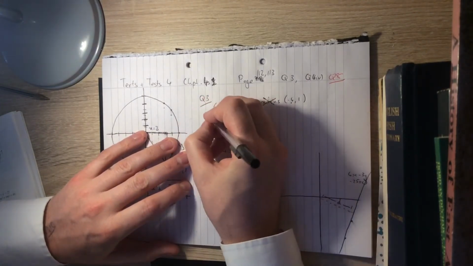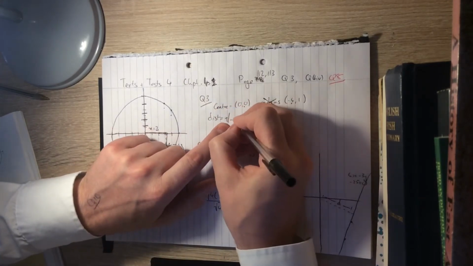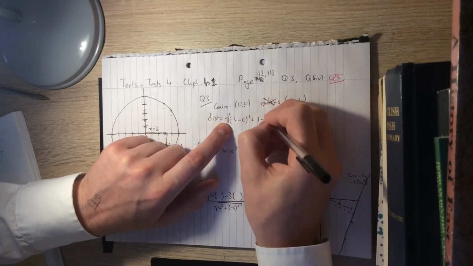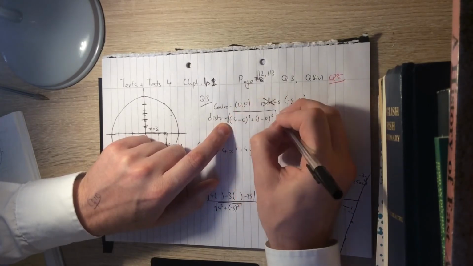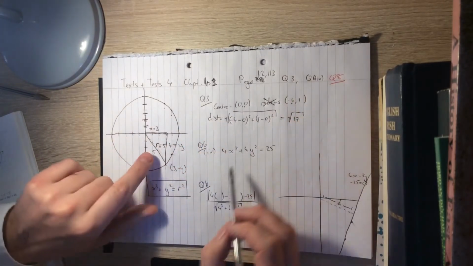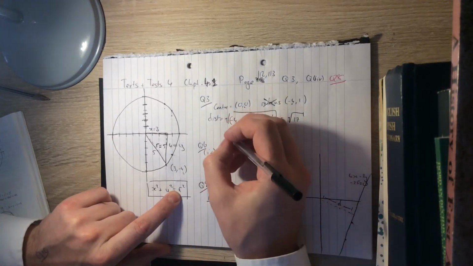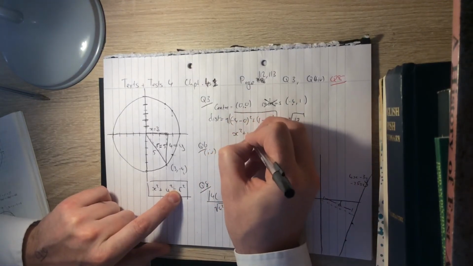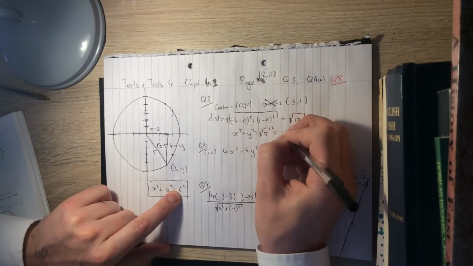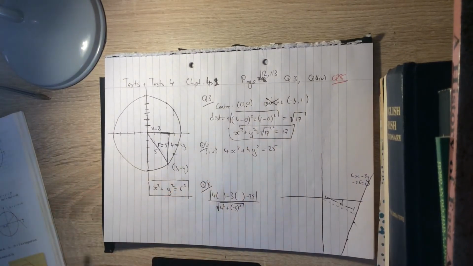The distance is the square root of (minus 4 minus 0) squared plus (1 minus 0) squared, and that's going to be root 17. Radius squared is going to be 17, so x squared plus y squared equals 17 is the answer there.